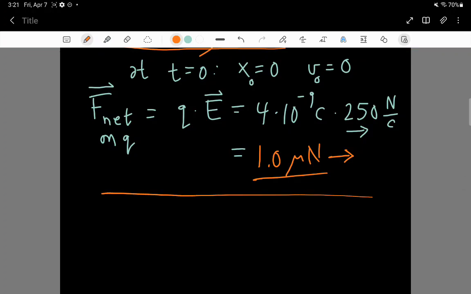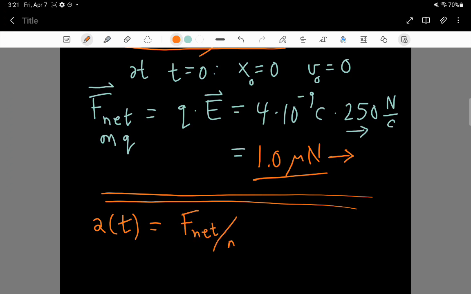So the next thing is, what is the acceleration? And is it constant or not? In this case, the acceleration is going to be constant because there is no time dependence to the force itself. The acceleration is the net force divided by the inertia, divided by the mass.